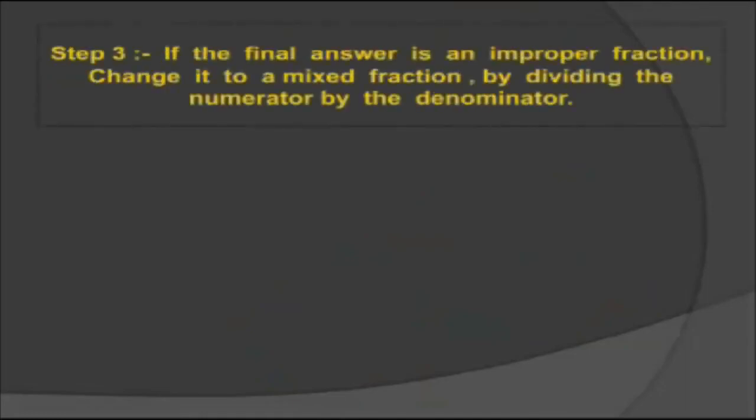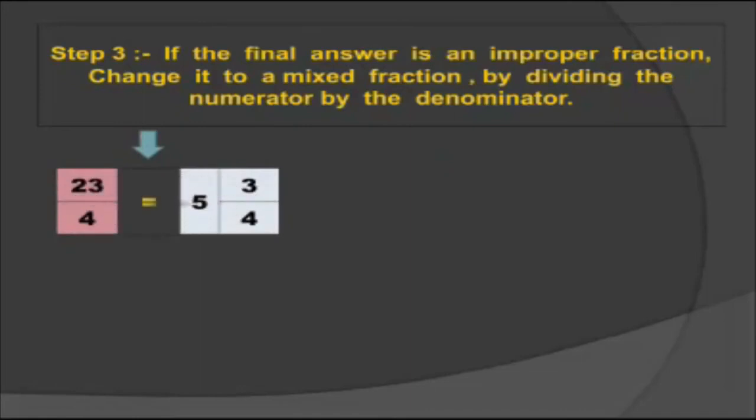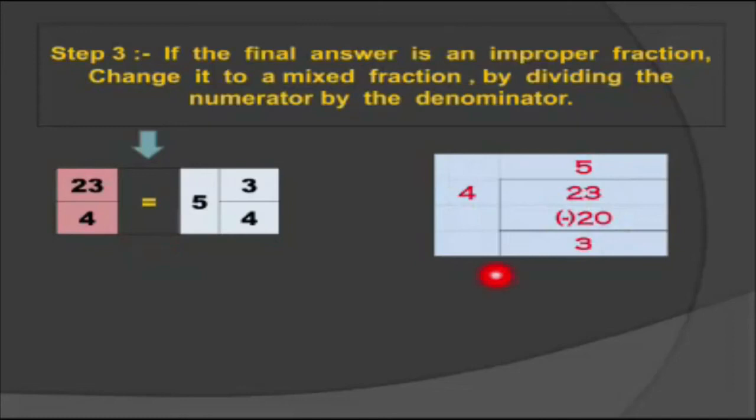Step 3 says that if the final answer is an improper fraction, we need to change it into a mixed fraction by dividing the numerator by the denominator. Let's see how. We are dividing 23 by 4. 4 fives are 20. 23 minus 20 is 3.